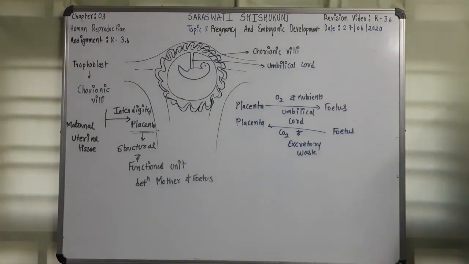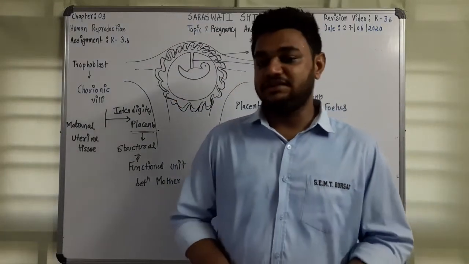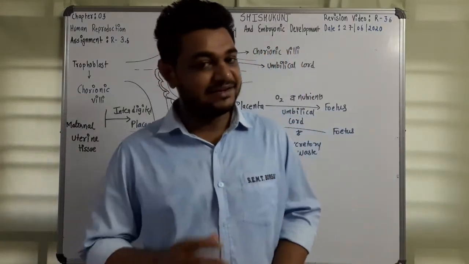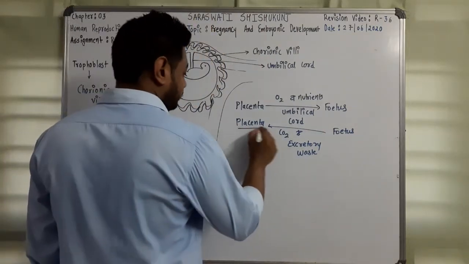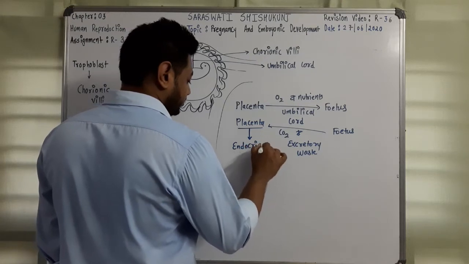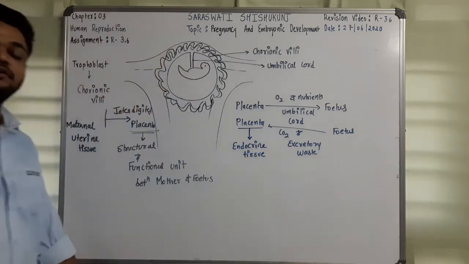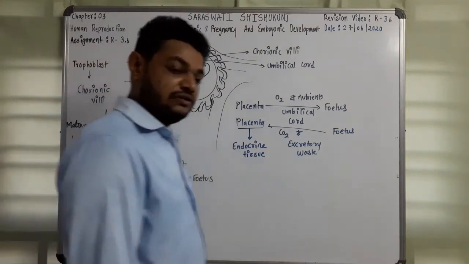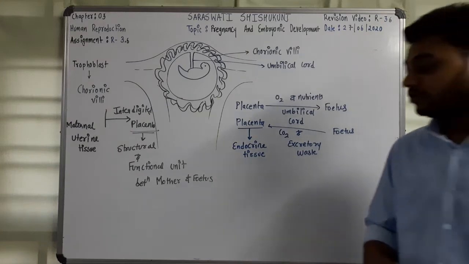Now what are the other functions of the placenta? The placenta also acts as an endocrine tissue. Endocrine tissue means it is going to secrete certain hormones.